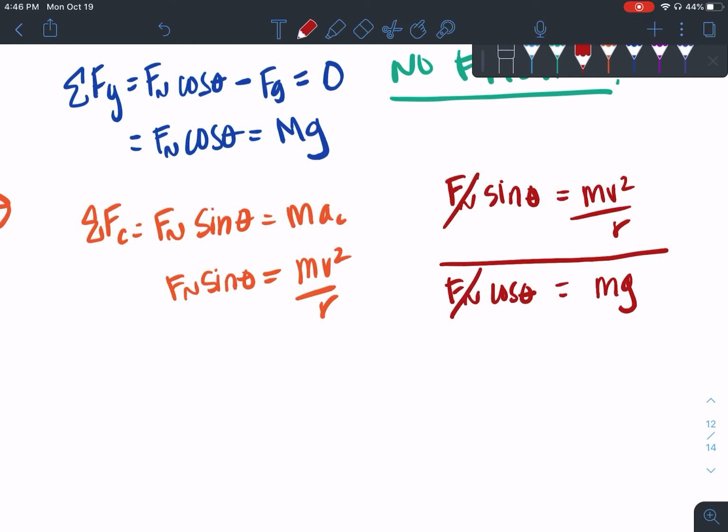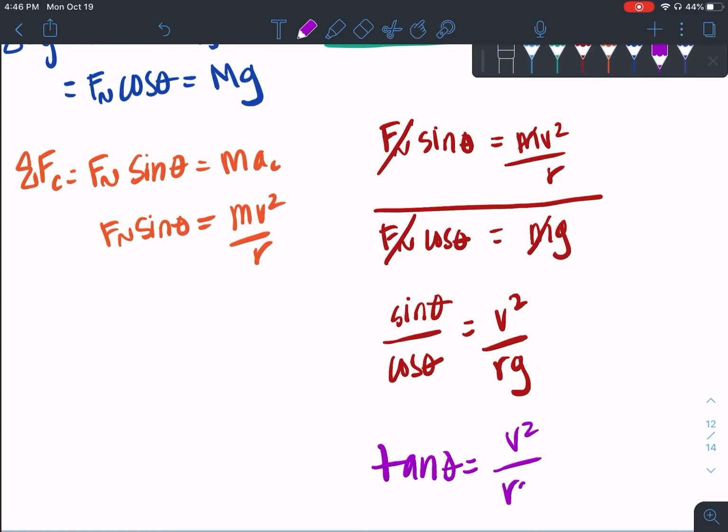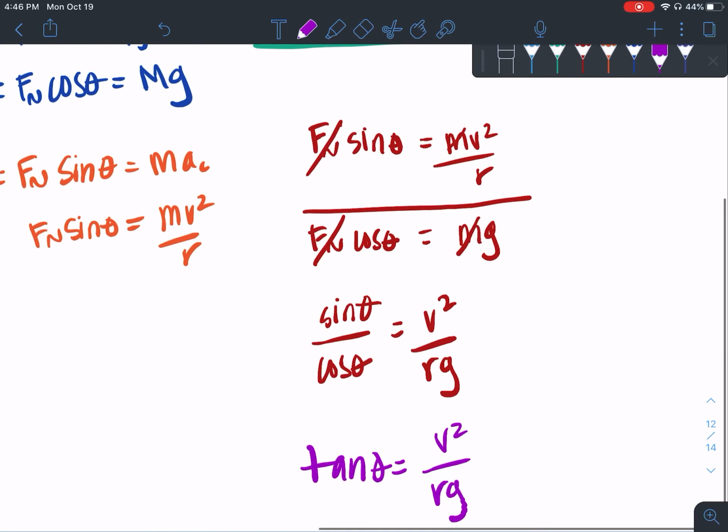My Fn's cancel, my m's cancel, and this reduces down to sine theta over cosine theta equals v squared over rg. And once again, we're trying to find our theta here. While using our trig, we know that sine of theta over cosine theta is really tangent of theta. And now we have something that we can go ahead and evaluate.